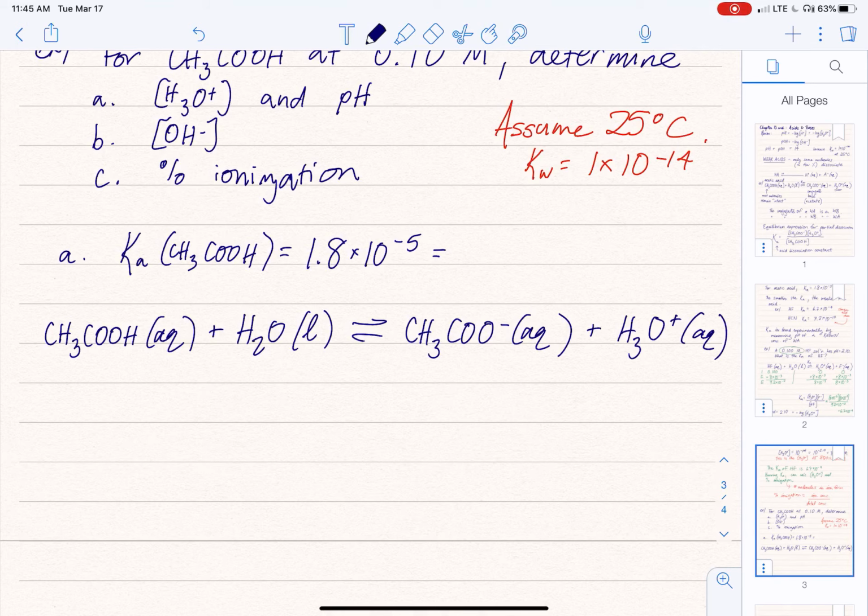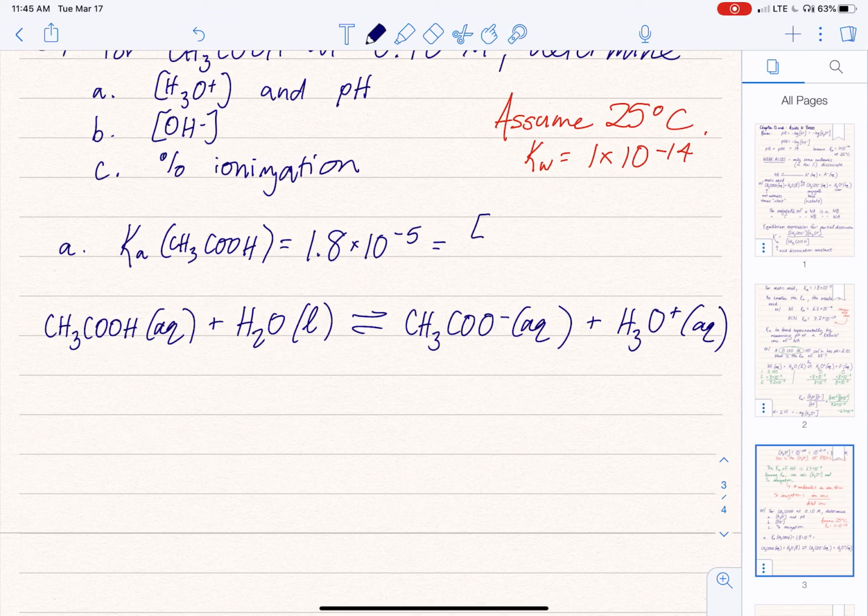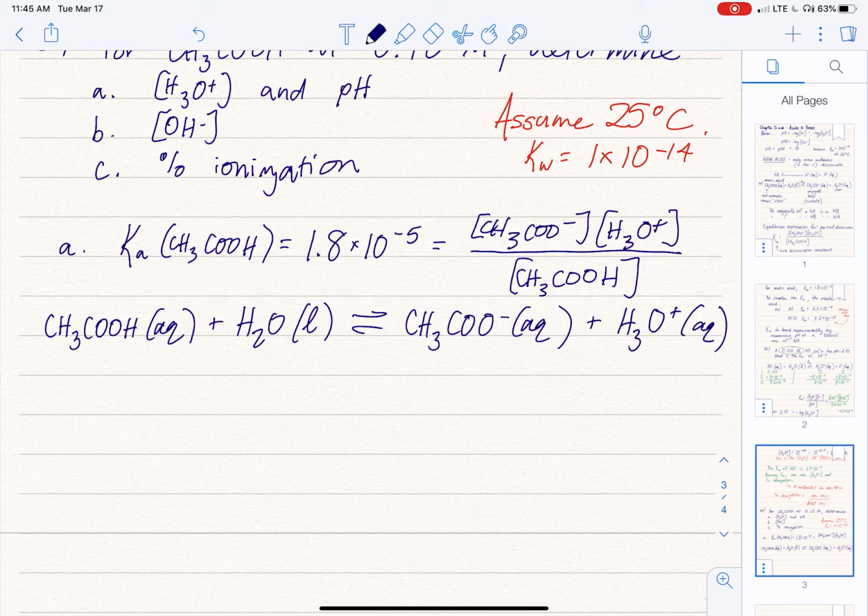So that Ka can be determined from this reaction as the concentration of acetate times hydronium over the concentration of acetic acid. Okay, this is identical to what we did just a few moments ago for acetic acid.